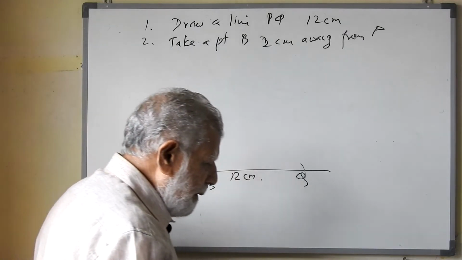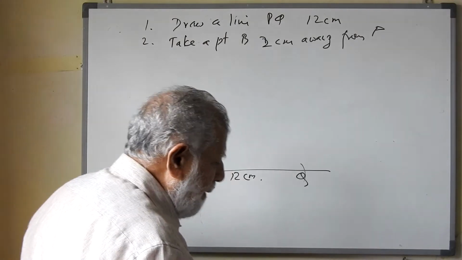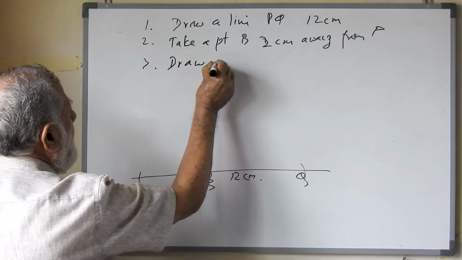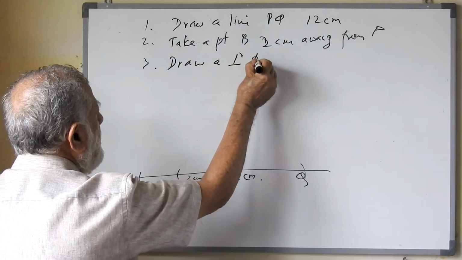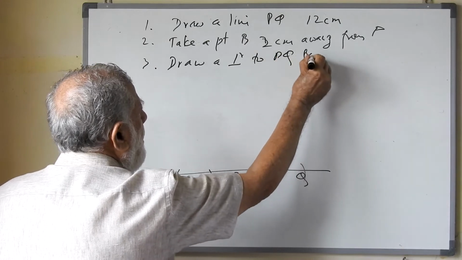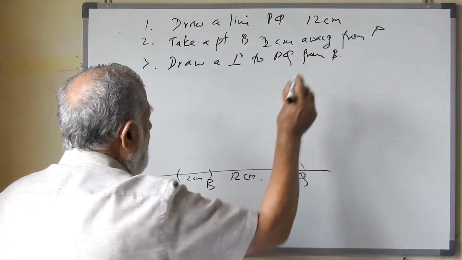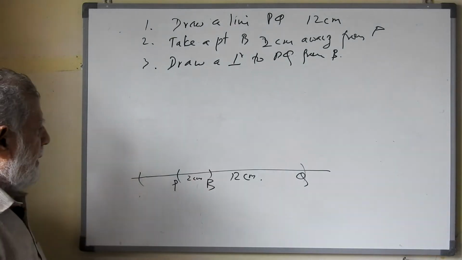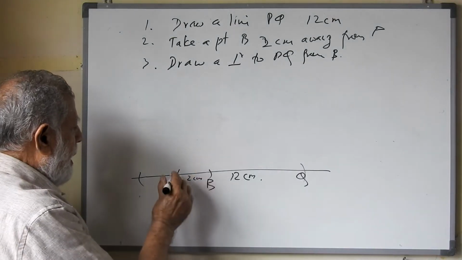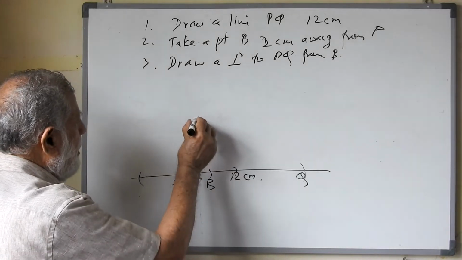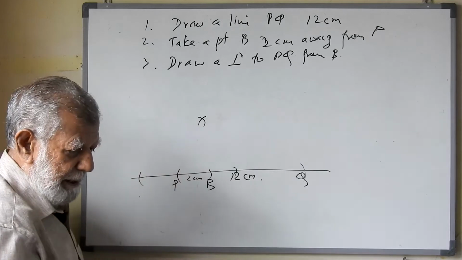So next thing you have to do is draw a perpendicular to PQ from B. So we know how to draw a perpendicular from a point on the line. What you do is, we keep the compass point here, draw 2 arcs like this, and from these 2 arcs draw another 2 arcs like that.